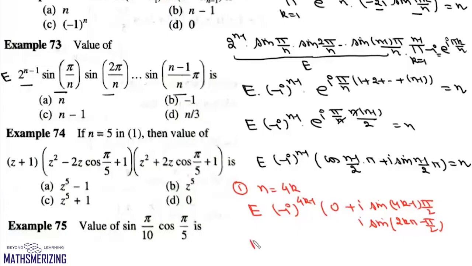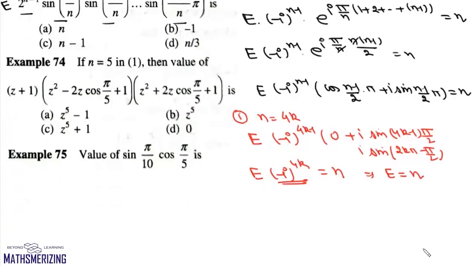We'll get this as E into (−i)^(4k), which will be equal to n, and (−i)^(4k) is 1. So from here we'll get this value of E, it must be equal to n.